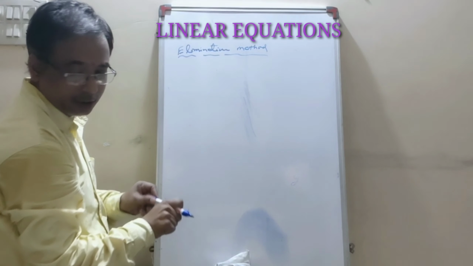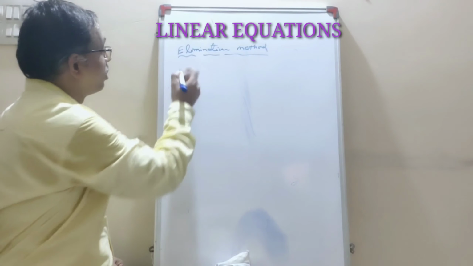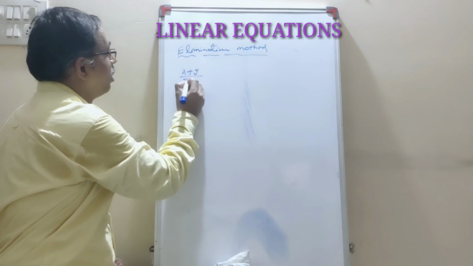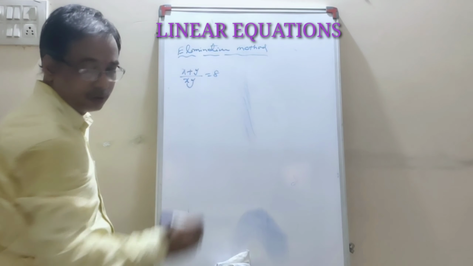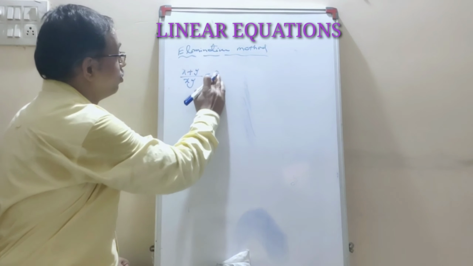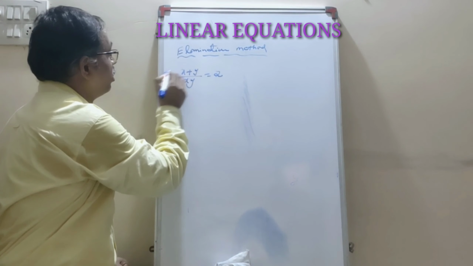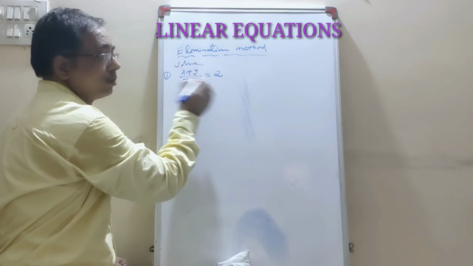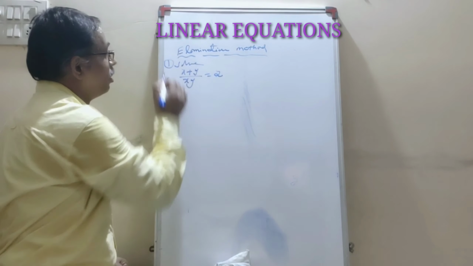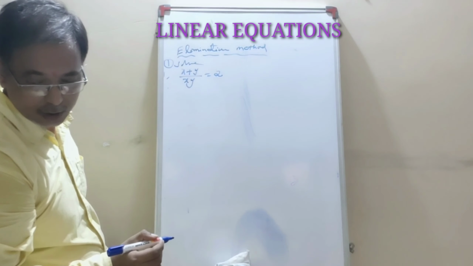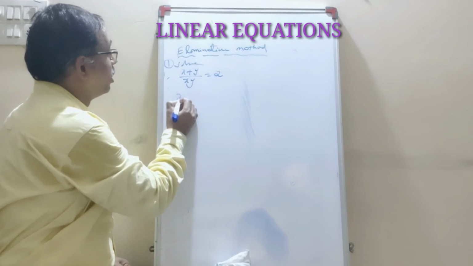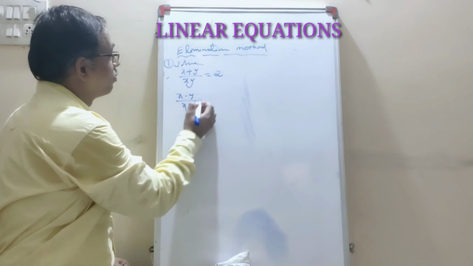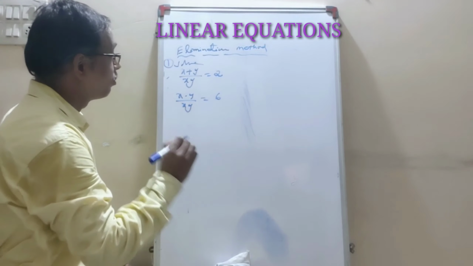In this elimination method, we have (x + y)/xy = 2 and (x − y)/xy = 6. That is for x and y.